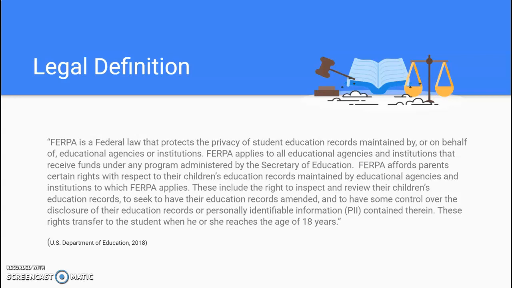FERPA affords parents certain rights with respect to their child's education records maintained by these agencies and institutions to which FERPA applies. These include the right to inspect and review their child's education records, to seek to have their education records amended, and to have control over the disclosure of their education records or personally identifiable information. These rights do transfer to students when he or she reaches the age of 18.